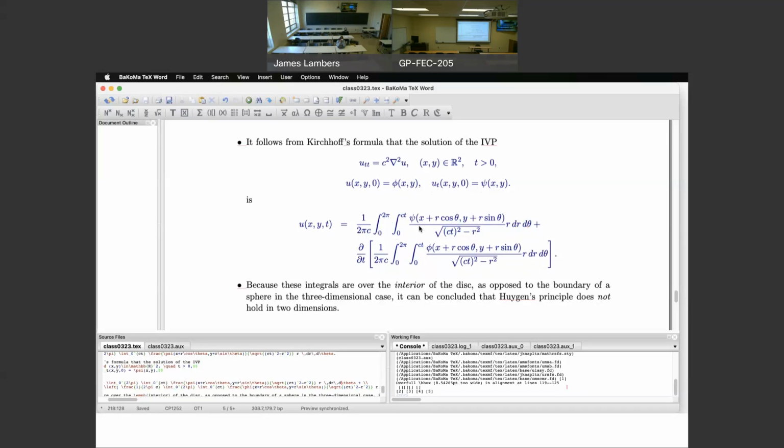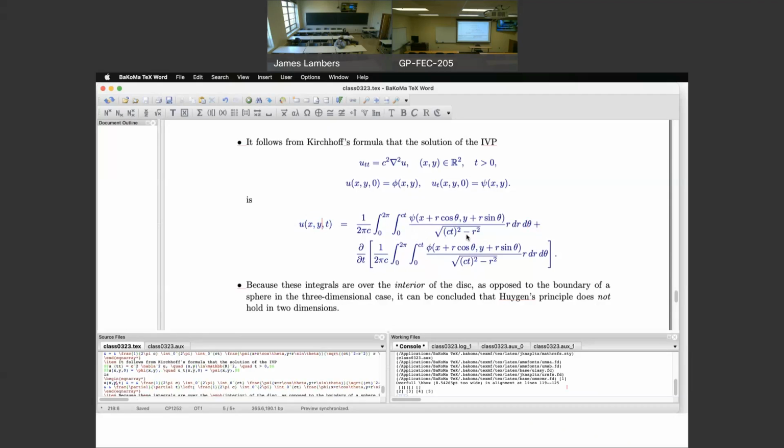So another way of putting it is, let's suppose the initial data is 0 almost everywhere. If the point xy is far away from where the initial data is non-zero, then at first the solution at xy will be 0. Then, as t gets larger and larger, we look for the intersection of the disk centered at xy, radius ct, with the disk in which the initial data is non-zero.